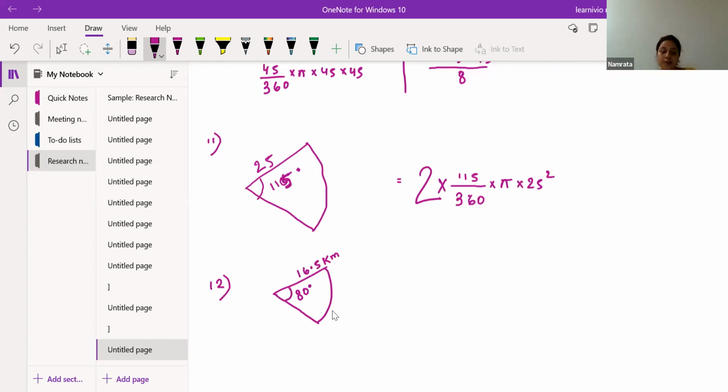We just have to find the area of this sector. Can you see, angle is given, radius is given. We just have to find the area of the sector by using the formula theta by 360 times pi r square. That's it. Here the pi value is given as 3.14. You have to use it. So we will be using that. That's it. Is it okay?